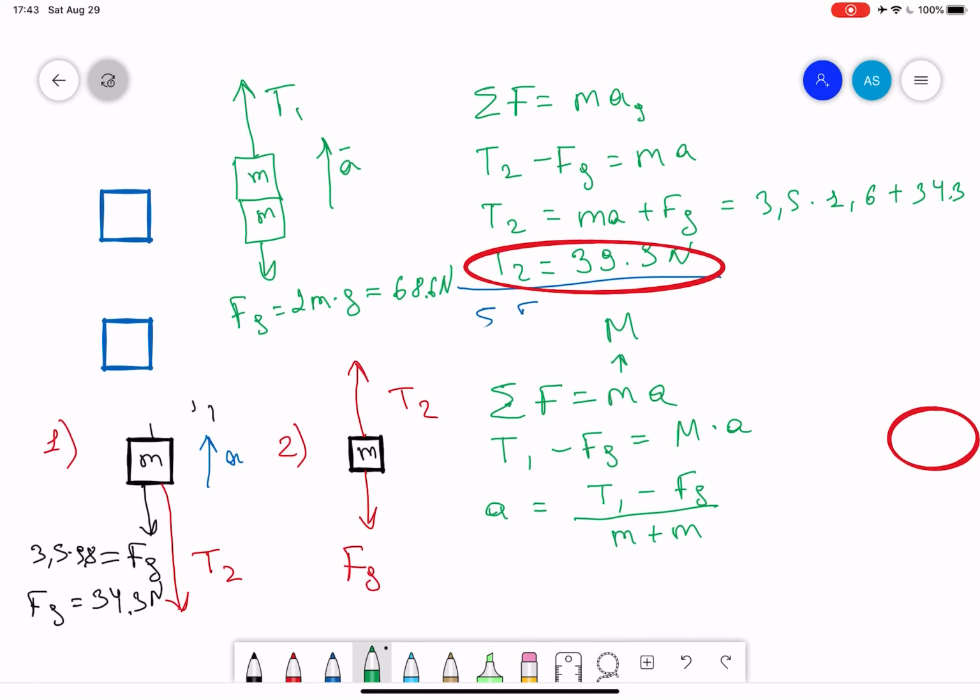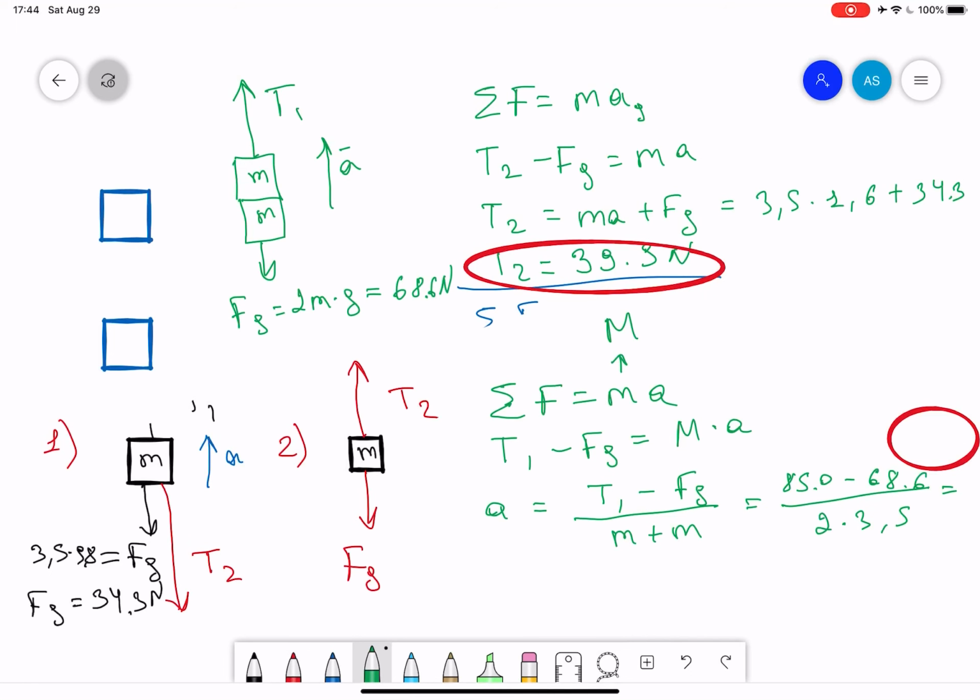In this case, our tension is equal to 85 newtons minus Fg, which we got as 68.6, then divided by the total mass, 2 times 3.5.